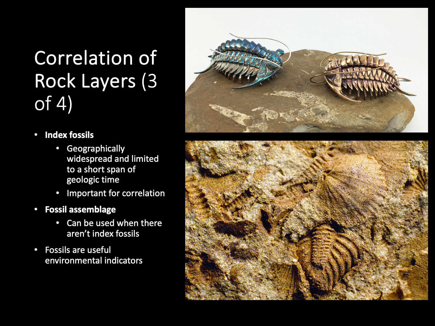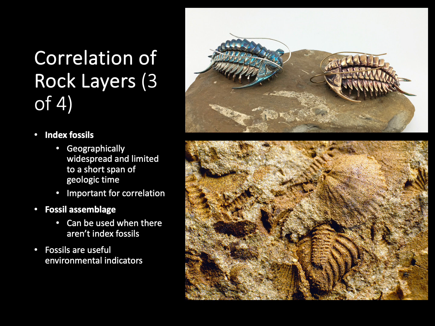They're found in a really large geographical area, sometimes on multiple continents, but they're also around for a really short period of geologic time. Typically these index fossils might be around for like 10 million years. That might sound like a long period of time, but remember that the Earth is 4.5 billion years old. So 10 million is a very small proportion of that total amount.